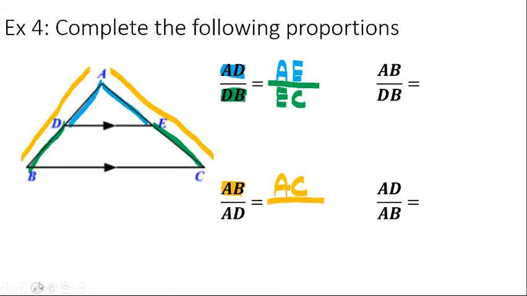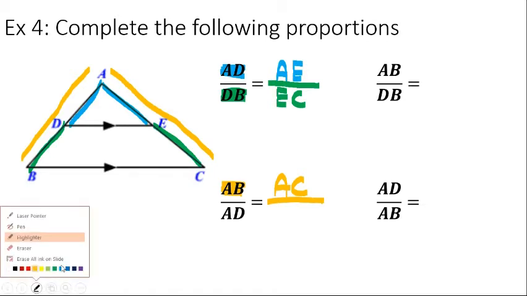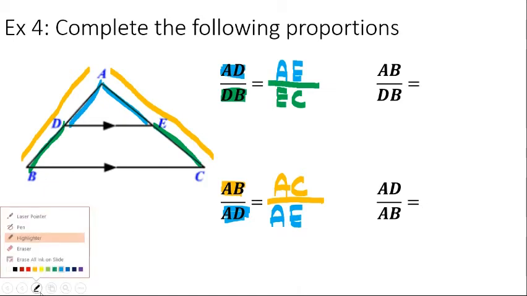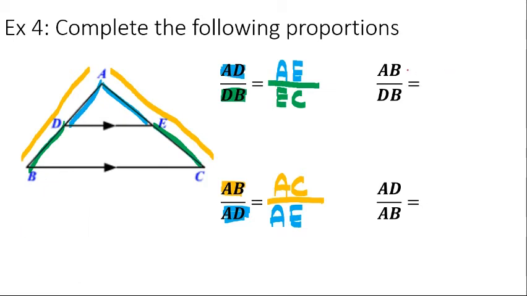And AD is the top part, which goes with AE. So over here, AB would go with AC. DB goes with EC. Over here, AD, the top part, so AE. AB is the whole part, so AC.